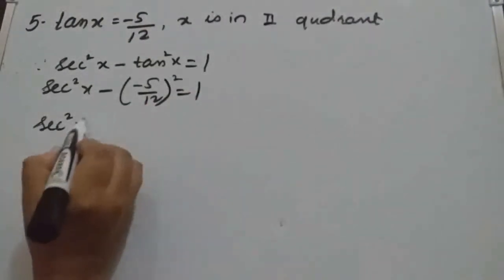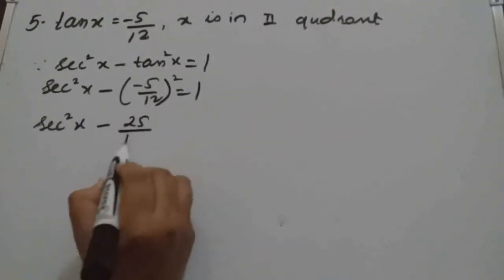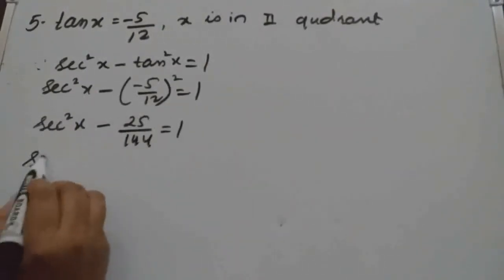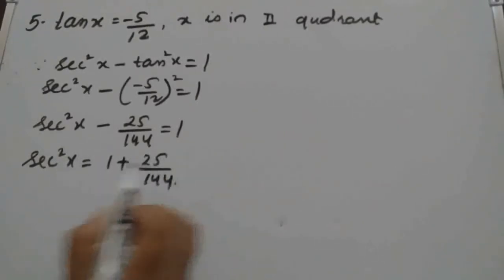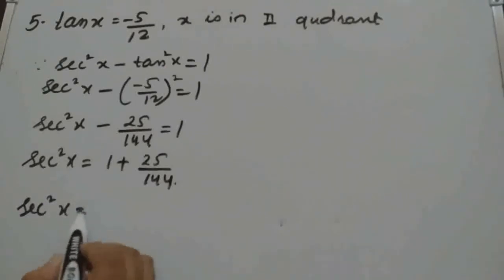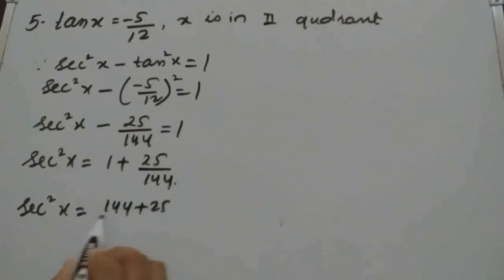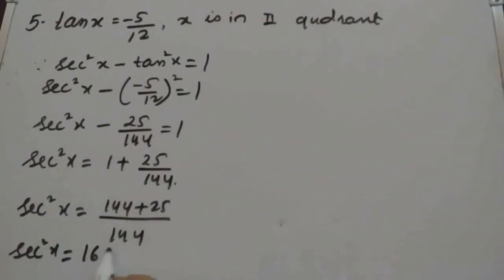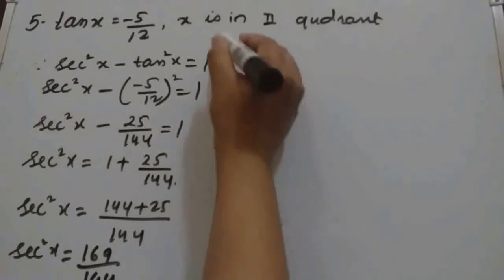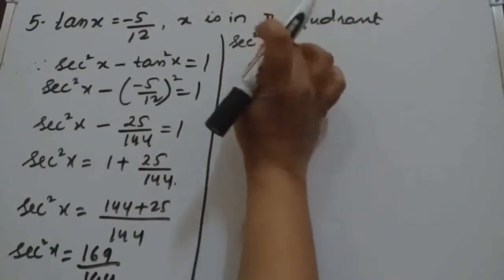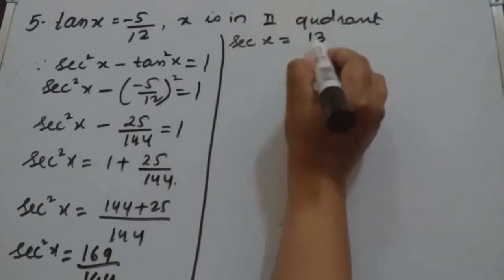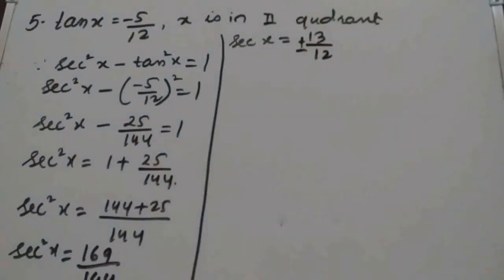So sec square x is 1 plus 25 by 144, which will give 144 plus 25 by 144, that will be 169 by 144. So we can write sec x as plus minus 13 by 12. Now we have to select which value of sec x is valid.